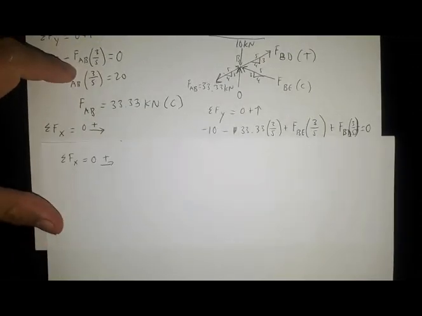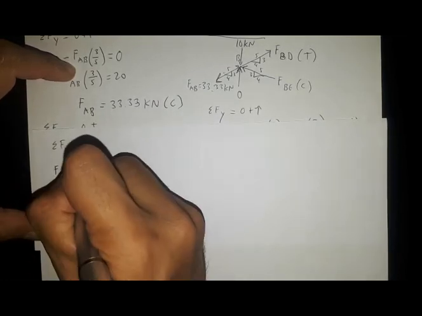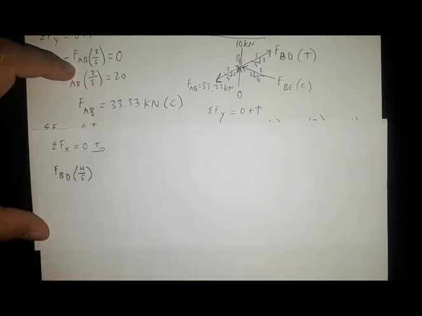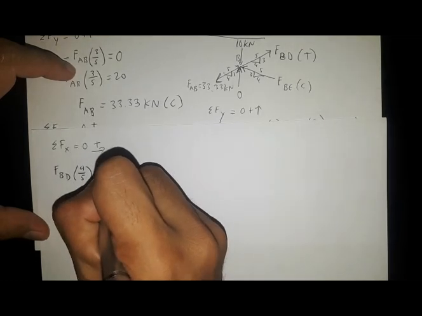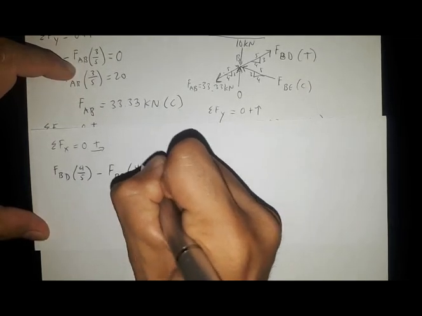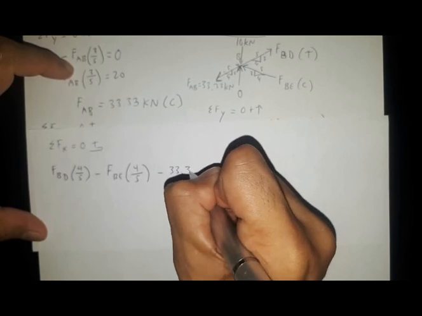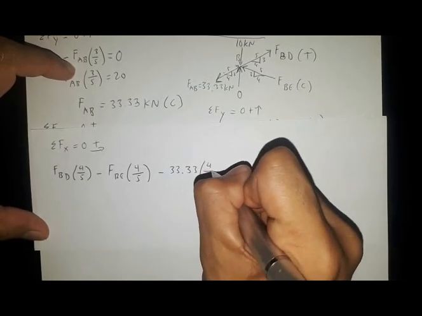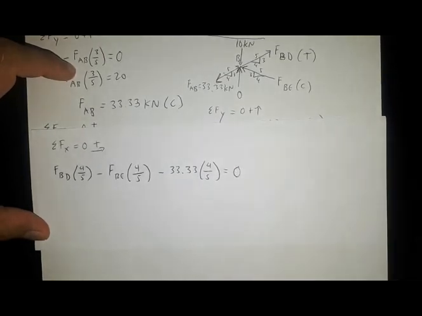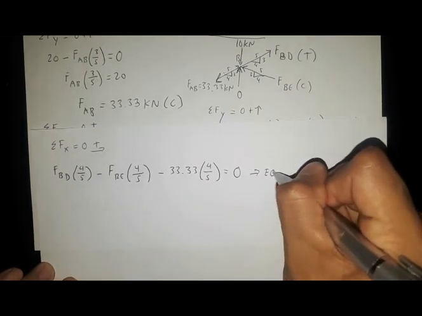So we have here FBD times the x component of 4/5 minus F of BE times x component of 4/5 minus FAB of 33.33 times x component of 4/5 is equal to 0. So this is our equation 2.